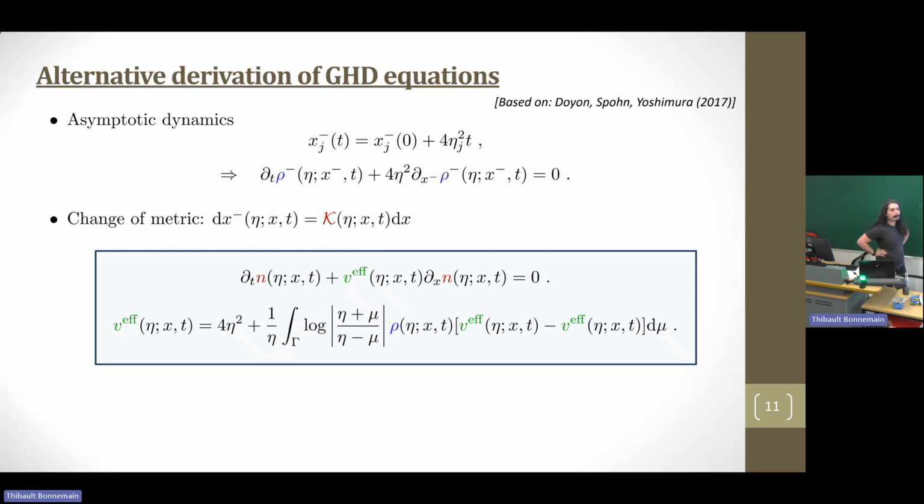Is this equation related in some way to the asymptotic dynamics? Yes, it's exactly that under this change of metric. Why is it the case? I mean, the dynamics just describes non-interacting particles. Yes, and the change of variable takes into account the interaction.